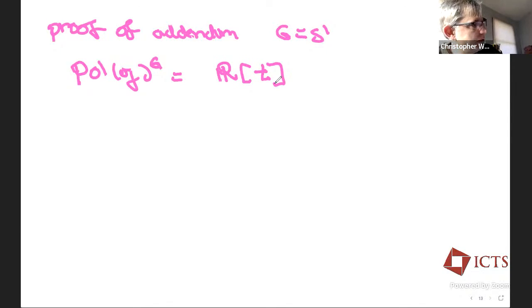And so what happens to the Kirwan map? What's the Kirwan map applied to t? Well, we said that you make it into a chain of length 1 by subtracting off d_G of some connection 1-form.